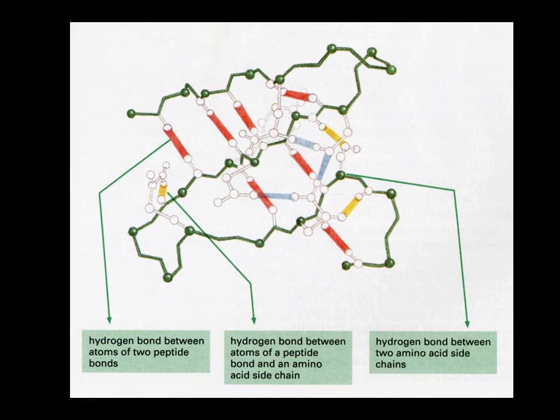The thermal movement, the vibration of the atoms, may not be strong enough to break all of these bonds and change this three-dimensional structure. So this structure is fixed by formation of multiple hydrogen bonds, which is called a conformation.